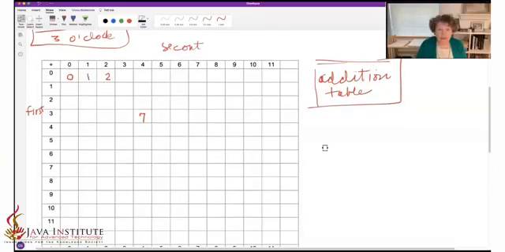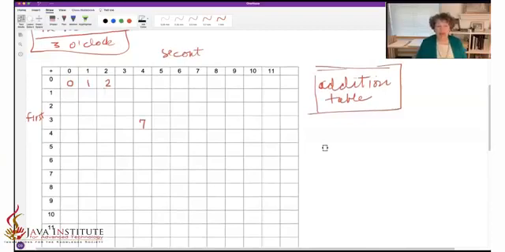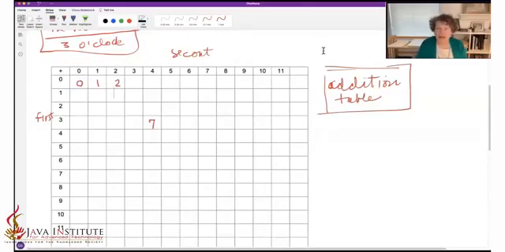Good, good, good, good. Okay, so take some time and fill it out. You know what I'm going to do? I'm going to stop sharing, and I'm going to fill it out. Because I don't want you to see me filling it out. I want you to have a chance to fill it out on your own. Okay, how does that sound? And then we can compare answers.